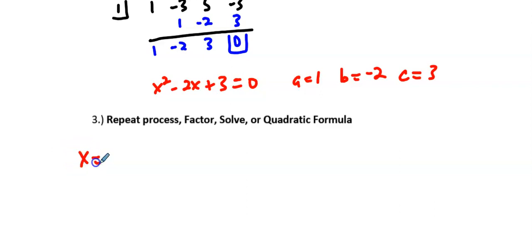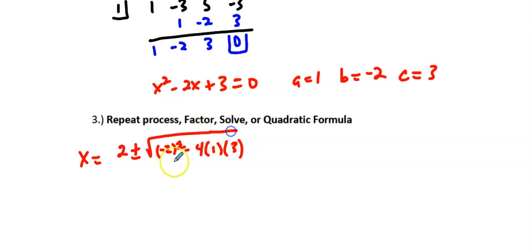So we got x is equal to positive 2 plus or minus the square root of negative 2 squared minus 4 times 1 times 3, all over 2 times 1.